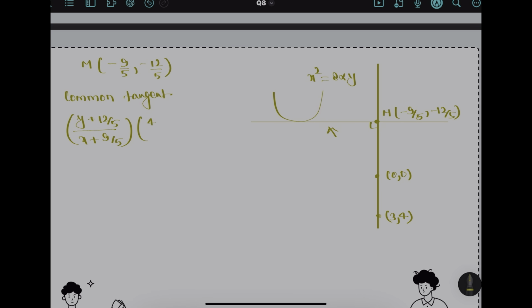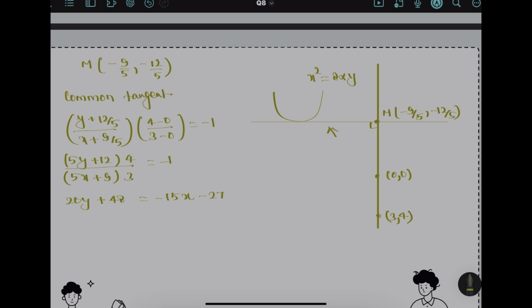Okay, so 4 minus 0 over 3 minus 0, so its slope would be minus of 1. Clear? So it is (5y plus 12) into 4 upon (5x plus 9) into 3 equals minus 1. So 20y plus 48 equals minus 15x minus 27.